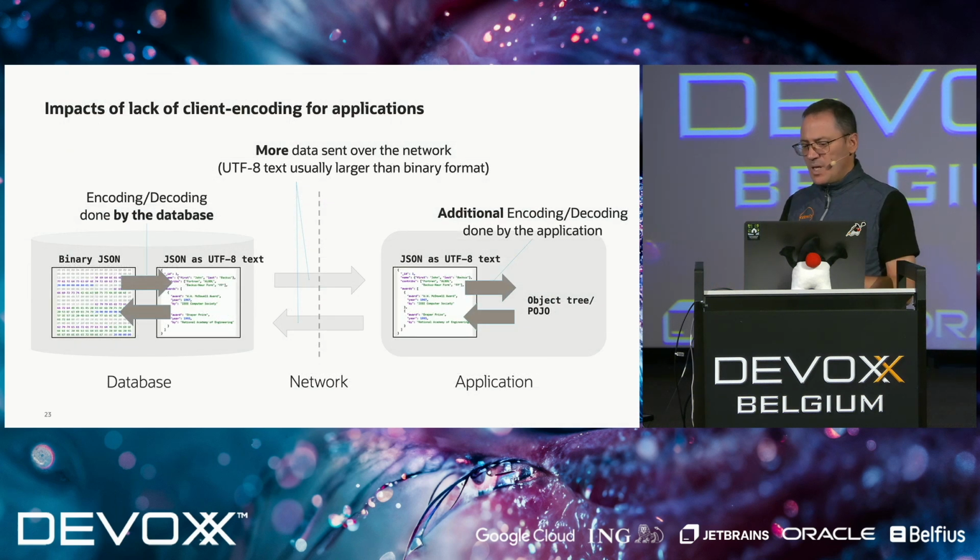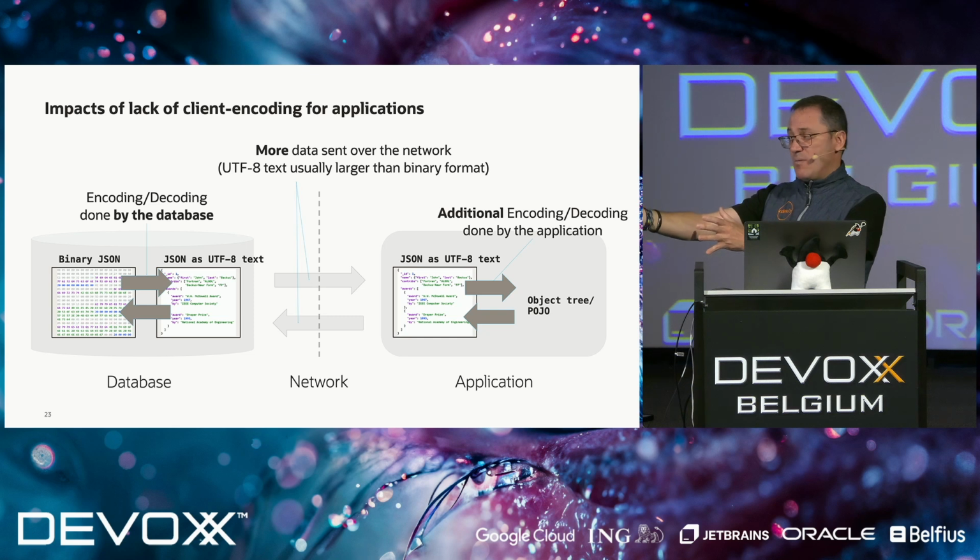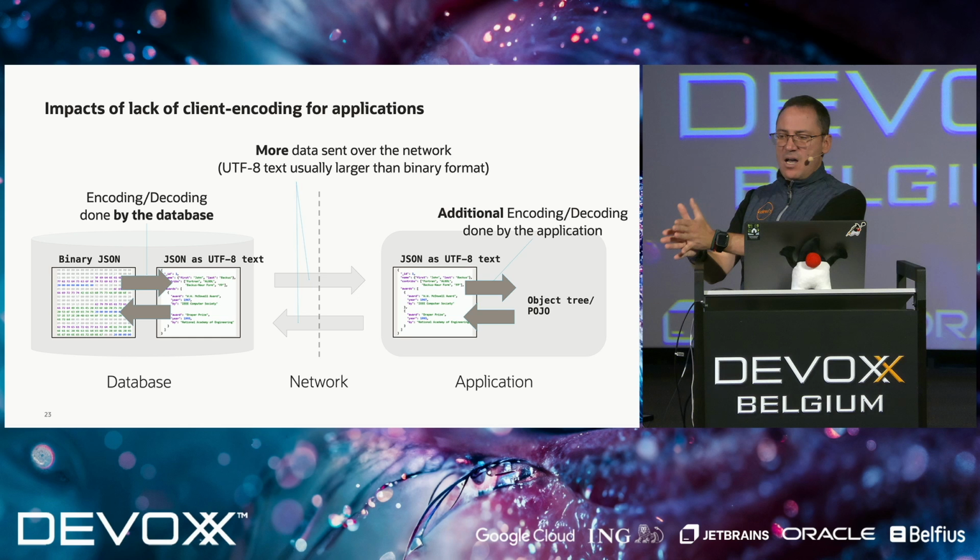So this is what happens with MySQL and Postgres at the moment: when you are reading data from the database, at some point before it reaches the application, it's going to be translated from whichever format it is, which is, again, binary, into UTF-8 character data. And once it's done, this is when the driver accesses it.